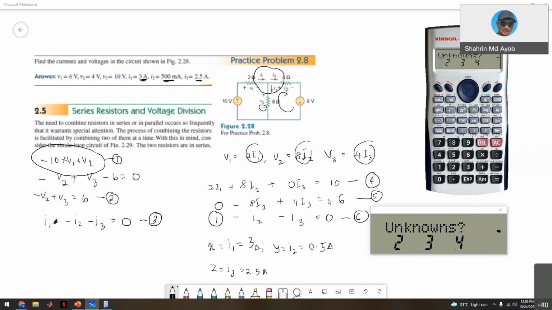If you have 3 simultaneous equations, just click 3, or if you have 2 simultaneous equations, type 2. And if you want to go back to the normal mode, press mode and then choose the common computer mode. Then it will restart back to the common calculator.